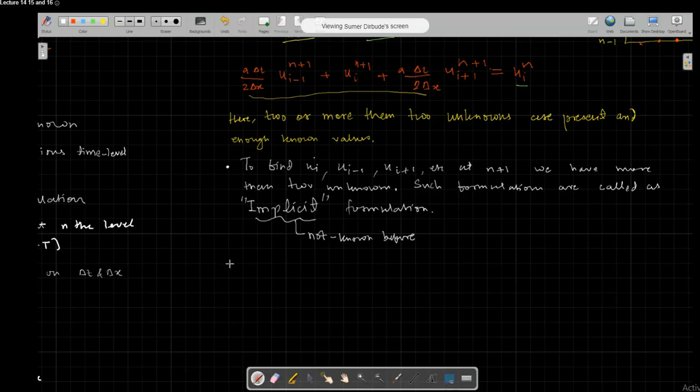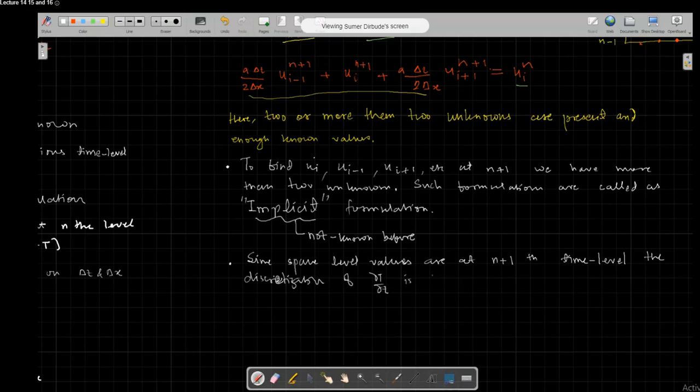Now about that, since the space level values are at the n plus 1 time level, the discretization of del t is backward in time.